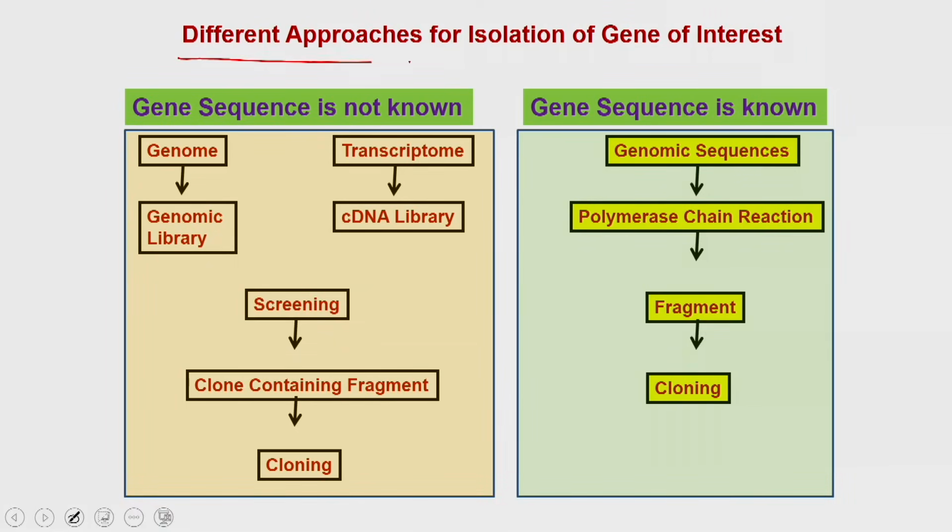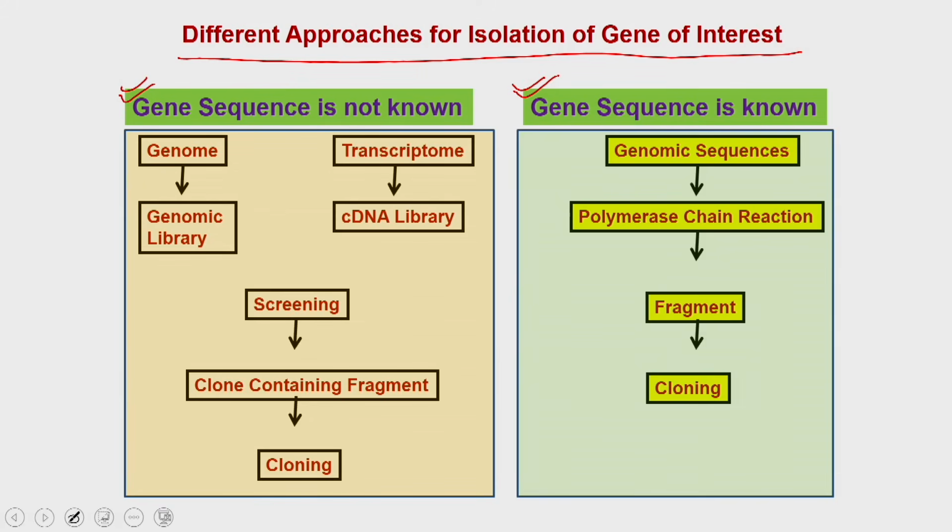With this we have concluded our discussion about the isolation of the gene of interest. What we have discussed so far is that the gene sequence can be isolated under 2 different aspects: whether the gene sequence is known or not known.